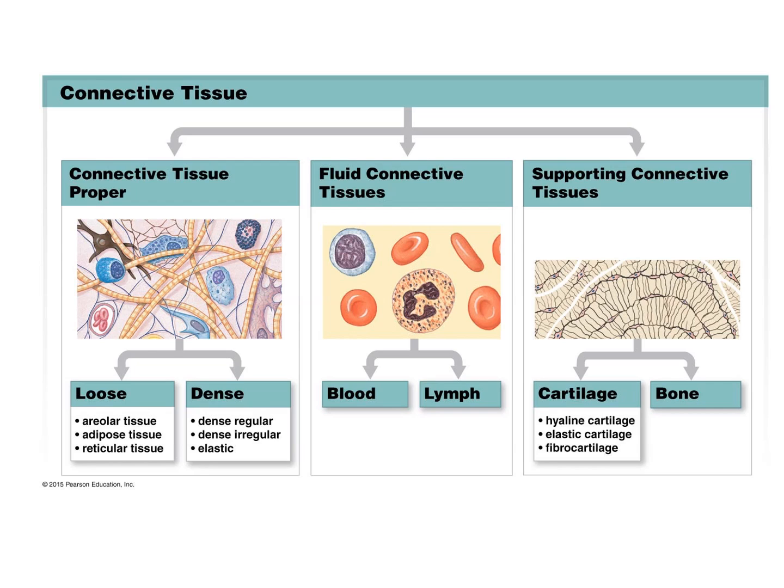And also, because of its macrophages, it can phagocytize bacteria. So it plays an important role in inflammation. It's widely distributed under the epithelia of the body and found packaging and surrounding organs and capillaries.